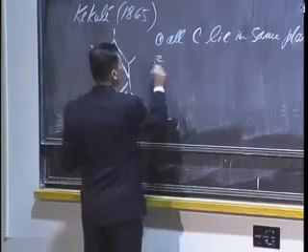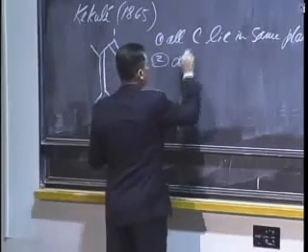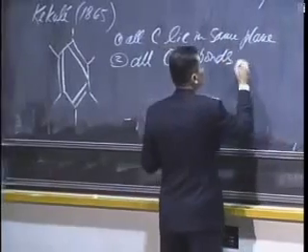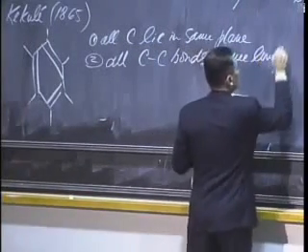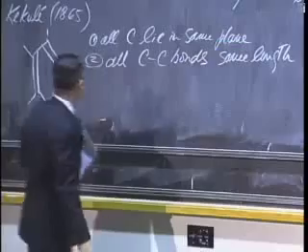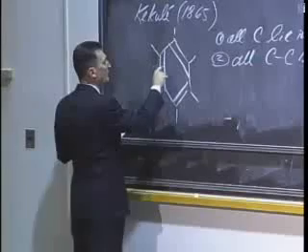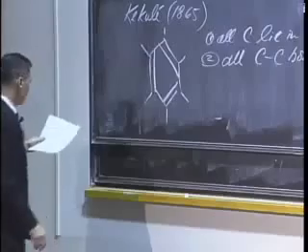The second thing that mystified people was the finding that all carbon-carbon bonds in benzene are the same length. So if the Kekulé structure is correct, you have the situation where the double bond is the same length as the single bond, and that doesn't sit well.